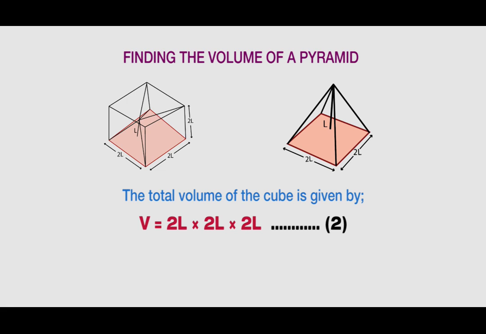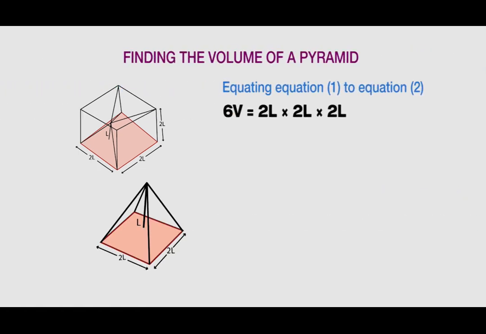Equating equation 1 to equation 2, we have 6V equals 2L multiplied by 2L multiplied by 2L. If we simplify, then we have V equals 1/6 times 8L cubed. Further simplification will give us V equals 1/3 multiplied by 4L squared multiplied by L.